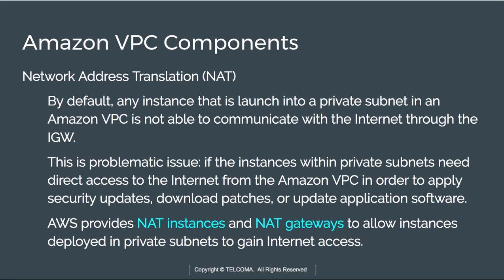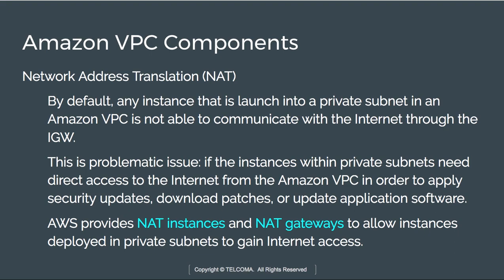For common use, we recommend that users use a NAT gateway instead of a NAT instance, because a NAT gateway provides better availability and higher bandwidth, and also requires less administrative effort compared to NAT instances. So what is a NAT instance?